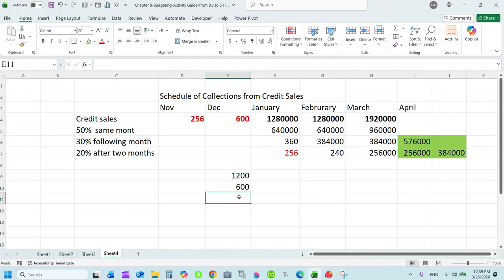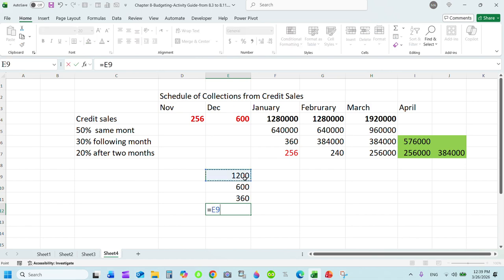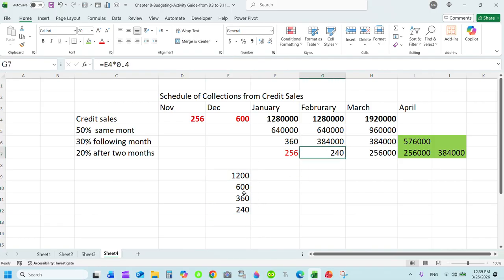Then the balance part, 30% should be collected in January. Then from this 20% should be collected in February. So that's what I have put like this. It's simple mathematics, right?